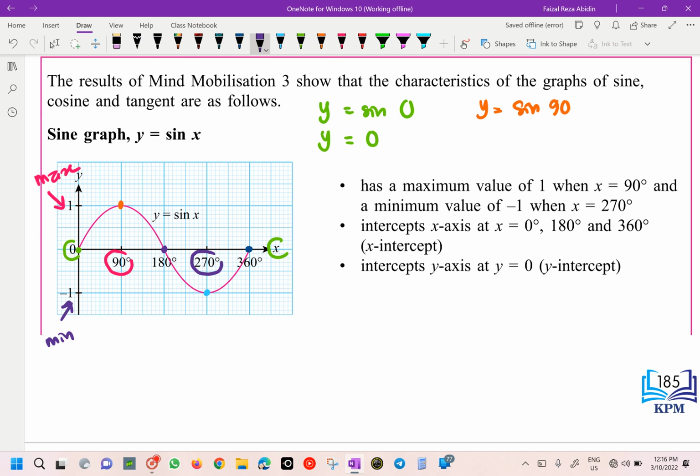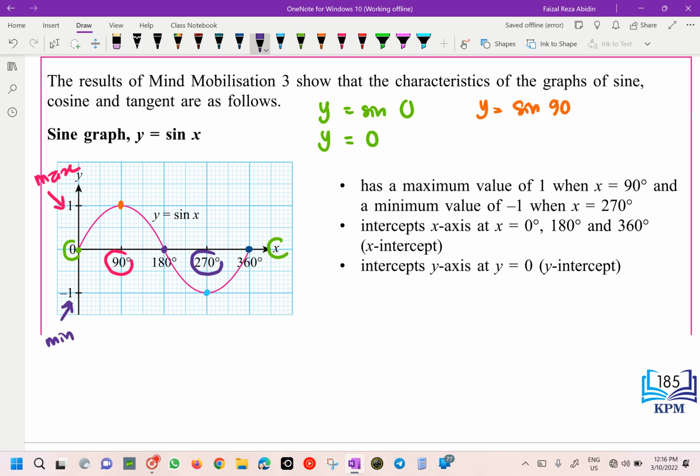Okay. You see over here, it intercepts the x-axis when x is 0, 180 and also 360, isn't it? Yes. It intercepts at our x-axis, whereas y equals 0. And it intercepts the y-axis only at y equals 0 there.